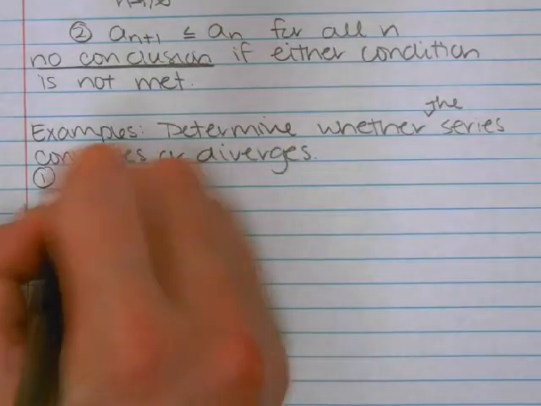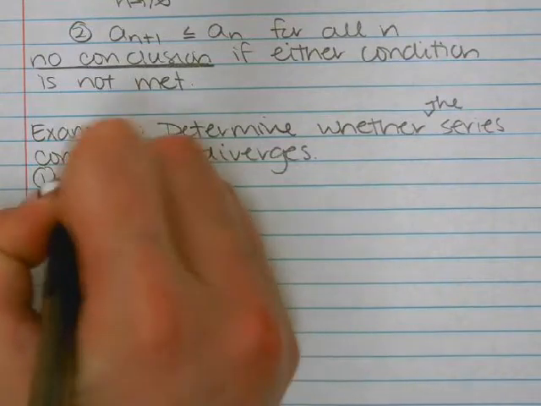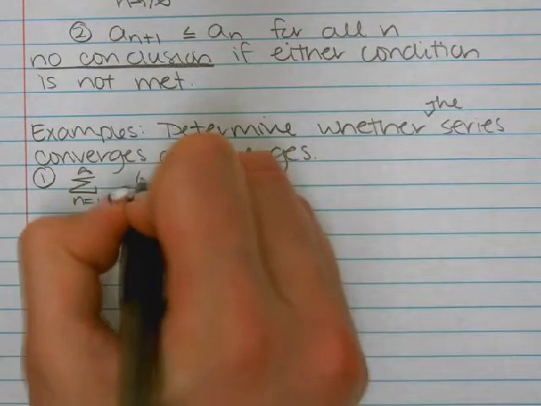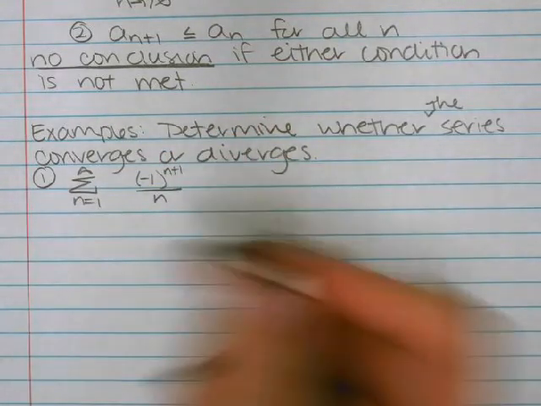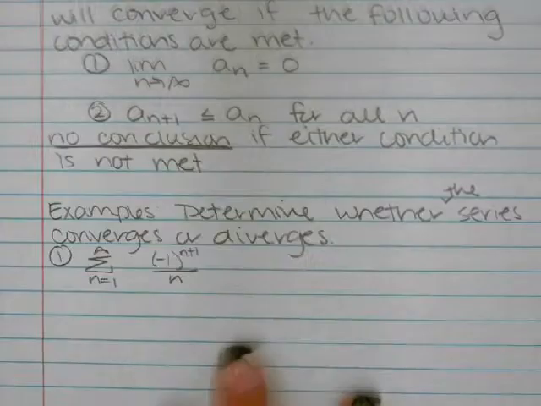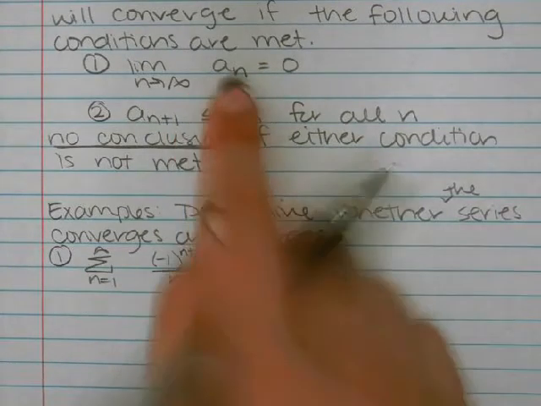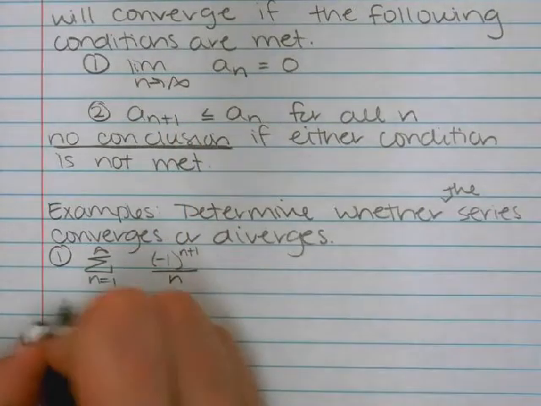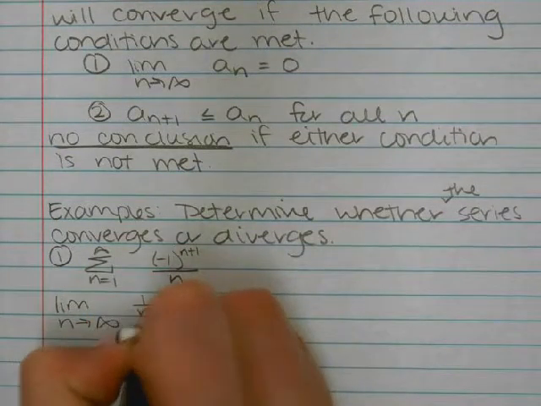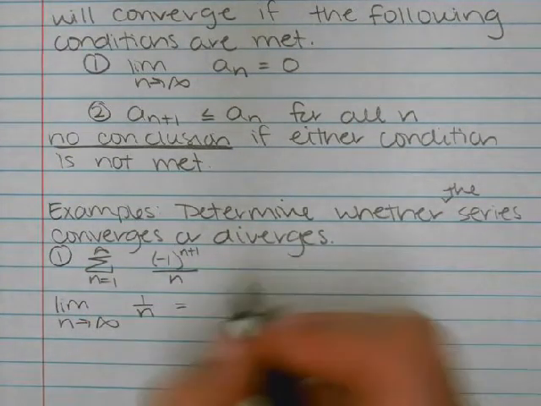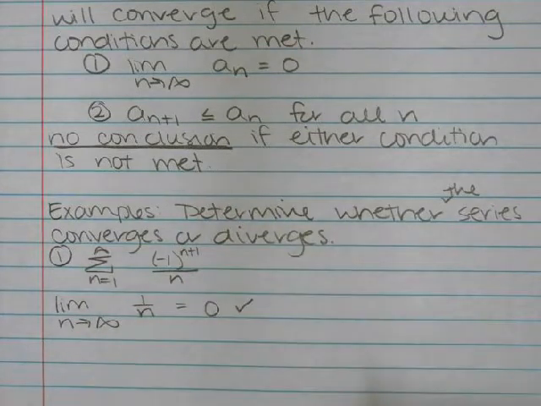So we're going to look at the sum from n equals 1 to infinity of (-1)^(n+1) divided by n. So for the first part of the test, we ignore the alternating signs. We just look at the series itself, so that's 1 over n. And we see if the limit of that as n goes to infinity is 0, and in this case it is, so the first condition is met.